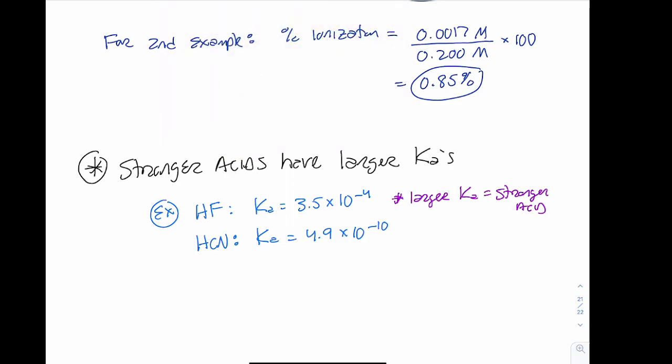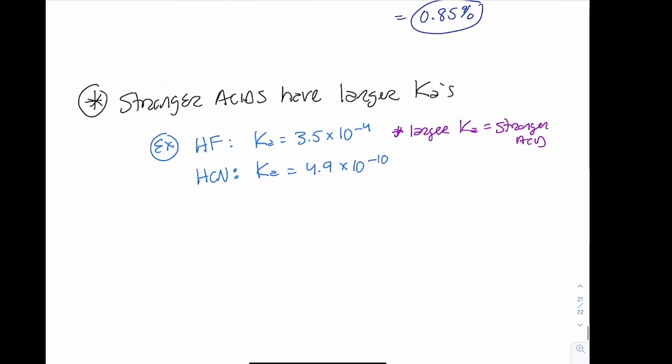We can express our equilibrium constants in a different way, and that's using pKa's. So a pKa is just the negative log of our Ka. Similar to the relationship between hydronium ion concentration and pH, right? As one goes up, the other goes down because it is a negative log. So the larger the value for my Ka, the smaller my pKa, because I do have that negative in there.